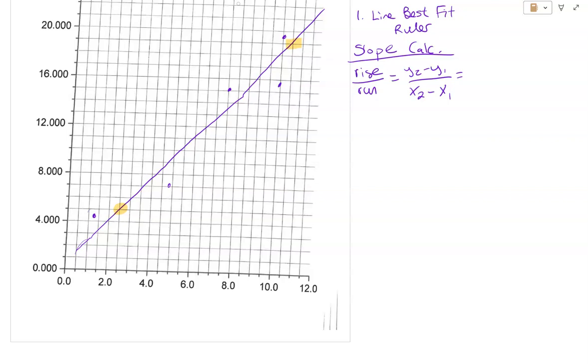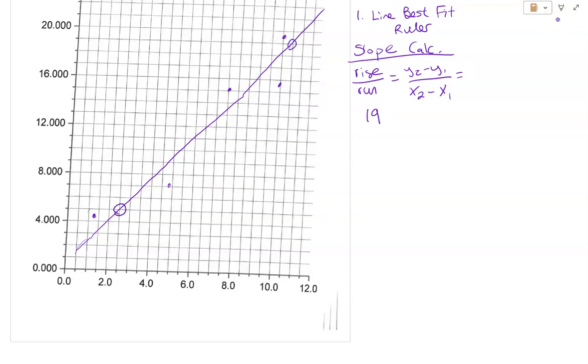So I'm going to take my rise. What's that? 1, 2, 3, 16, 17, 18, 19. Hold on, we gotta fix this pen. Okay, there we go. 19. Oh, my line's disappeared.